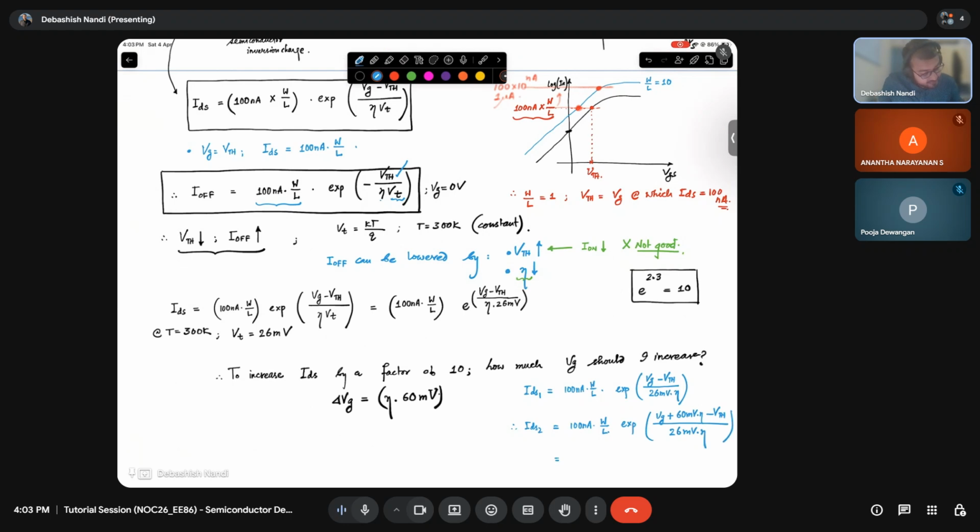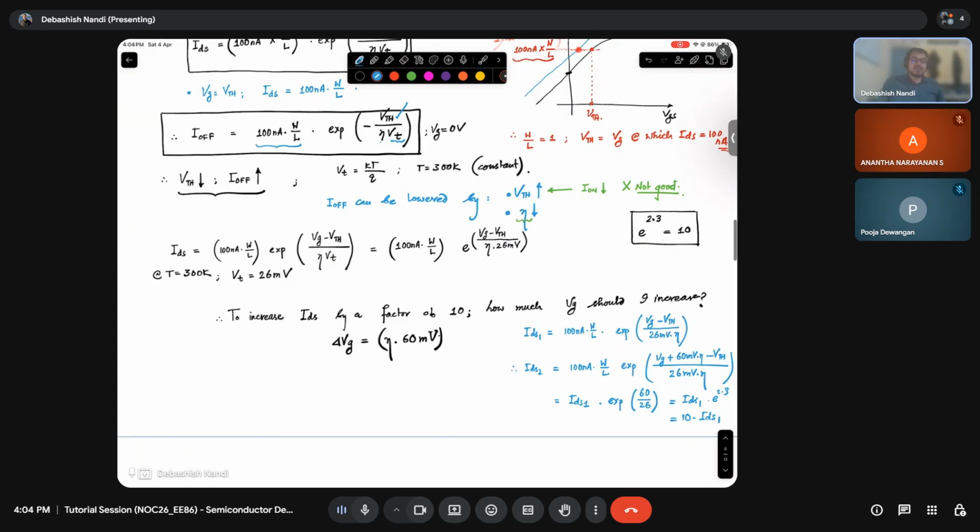So can I take everything out and write IDS1 times exponential 60 by 26? That is IDS1 times e to the power 2.3, or 10 times IDS1. Is it clear?